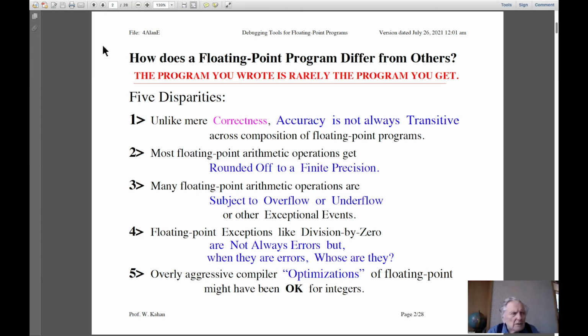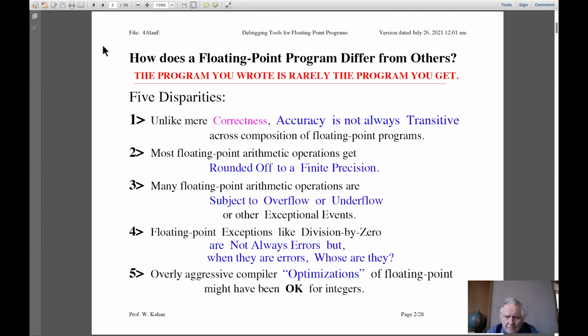So you don't get the program you wrote. Now, there are a number of other disparities that distinguish floating point programs from others. One of the most perplexing in some ways is that accuracy is not transitive across the composition of floating point programs. I'll give you an example of that in a moment.